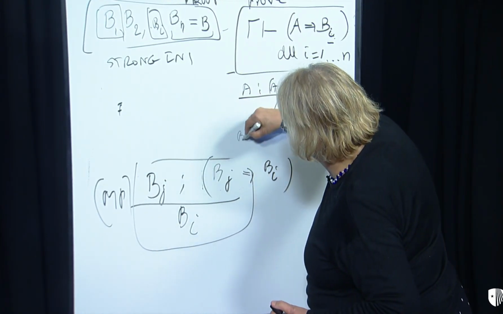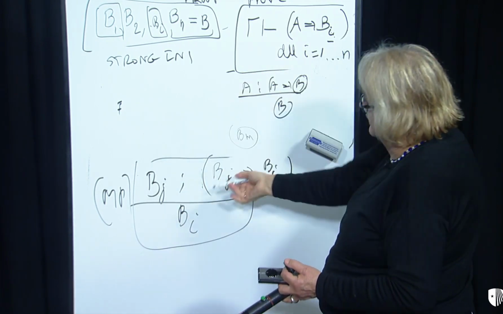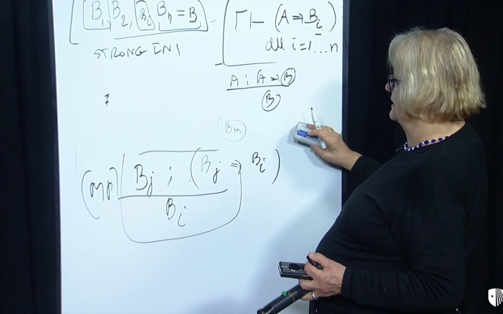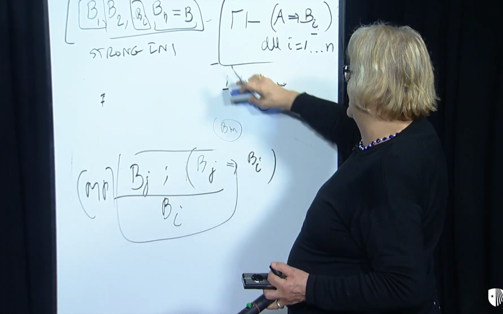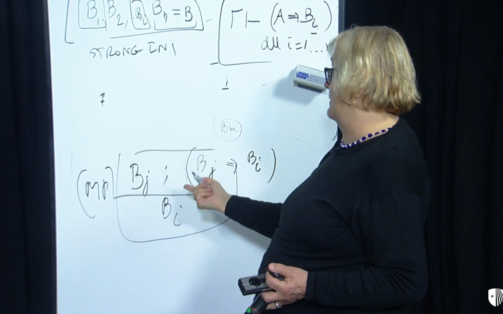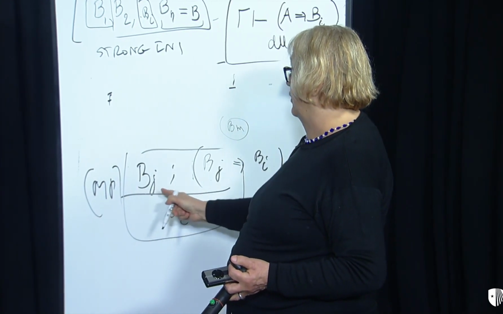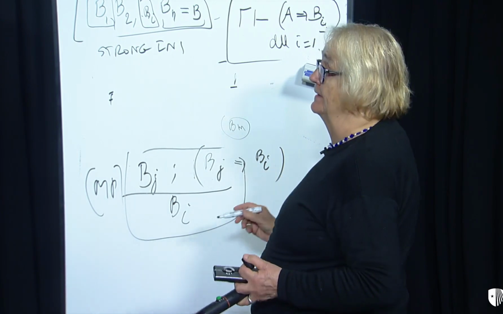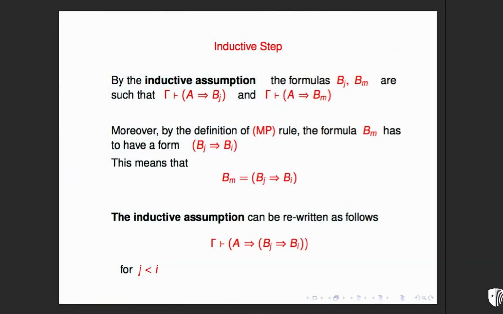Bj and Bm must be of that form because that's the form of modus ponens. So by inductive assumption, Bm must be of that form.